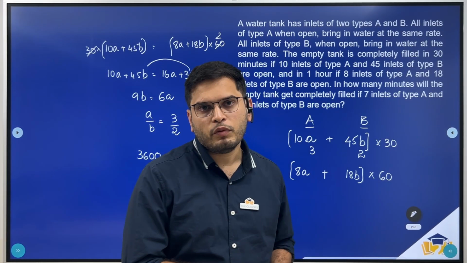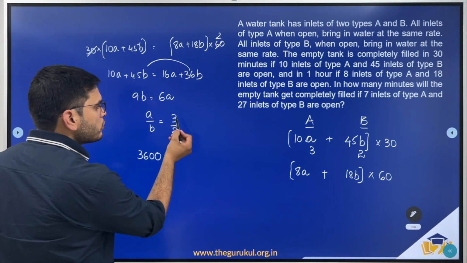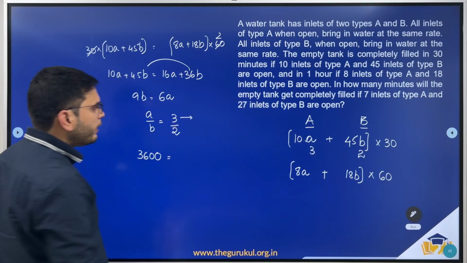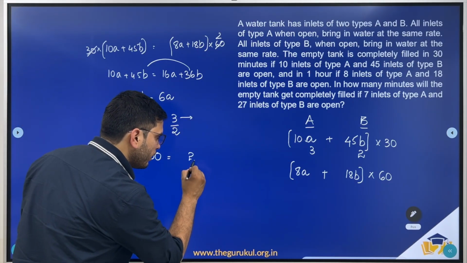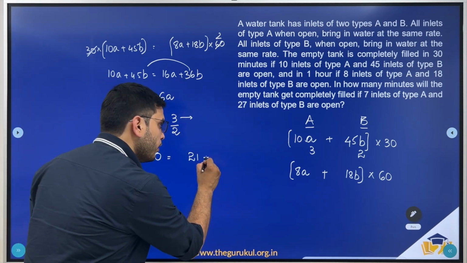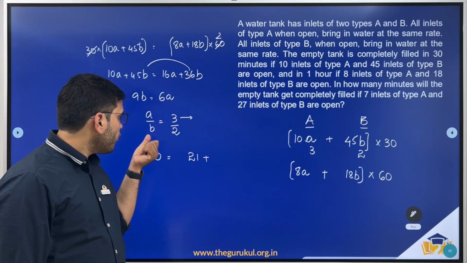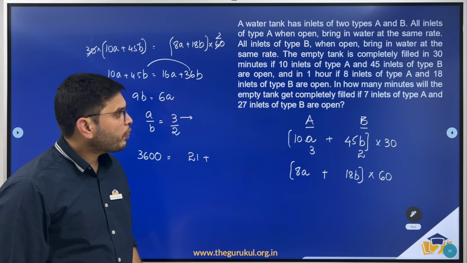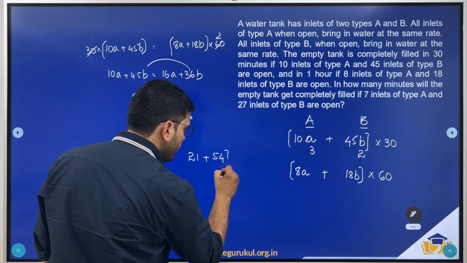Now this volume should be filled by 7 inlets of type A, right? So the rate of flow of inlet A is 3 liters per minute, 7 inlets, so it would be filling 21 liters per minute, and 27 inlets of type B. The rate of discharge of inlet B is 2, 27 such inlets, so 54 liters per minute.